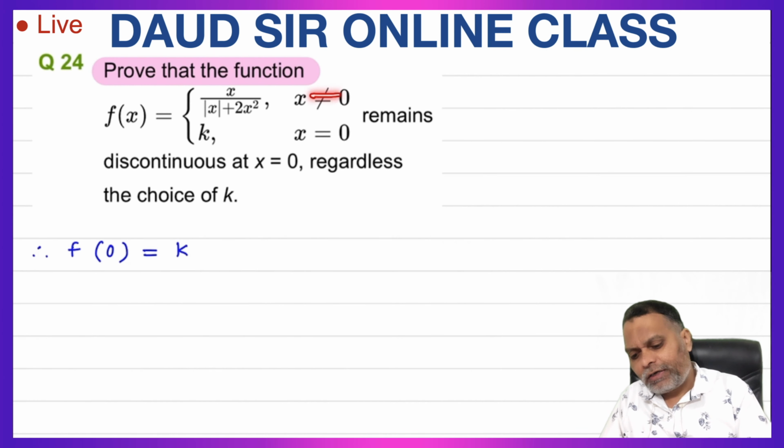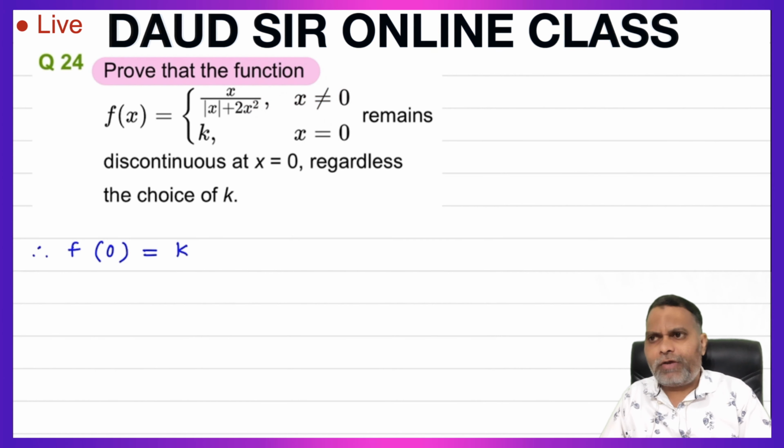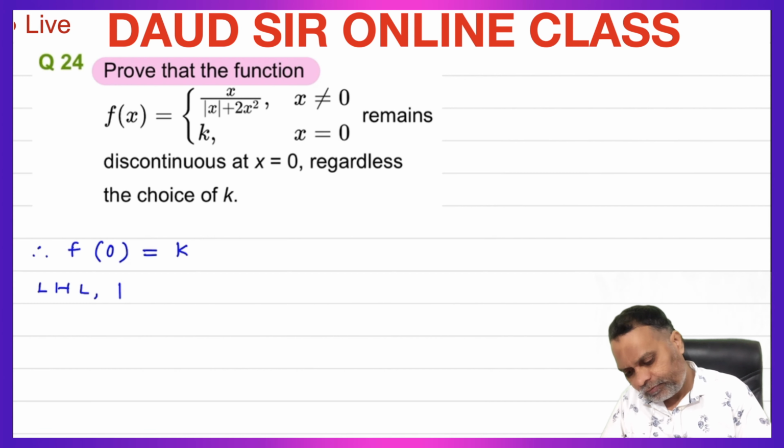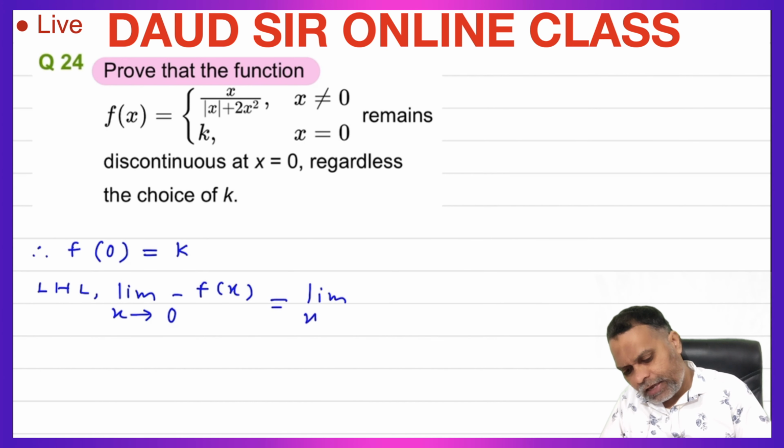Now, for x is not equal to 0, for this function, we have to calculate left hand limit and right hand limit. So first left hand limit, x tends to 0 minus f of x is equal to limit x tends to 0 minus function is x upon mod of x plus 2x square.